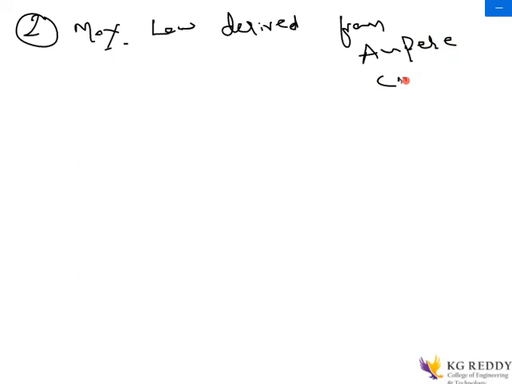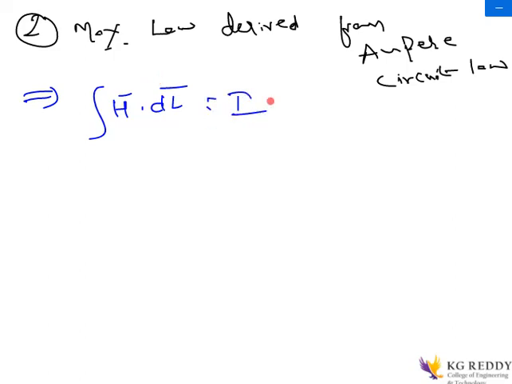In the Ampere circuit law the basic equation, which you all know, is the closed integral of h bar dot dl bar is equal to I, and this is derived from the Ampere's circuit law.